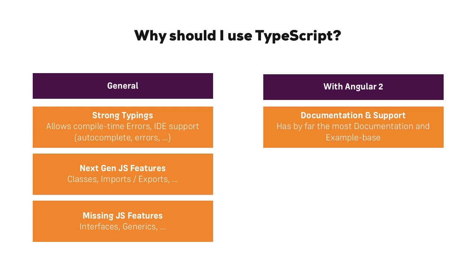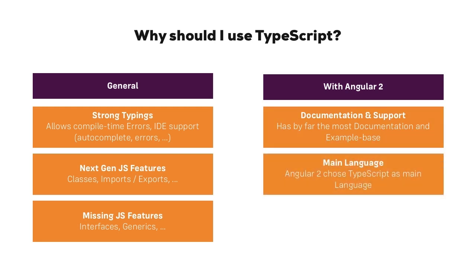The question is, why is that the case? Why is everything in TypeScript? Well, because the Angular 2 team chose TypeScript as the main language, so to say, for Angular 2. And of course they did this due to the reasons you can find on the left in the general part.